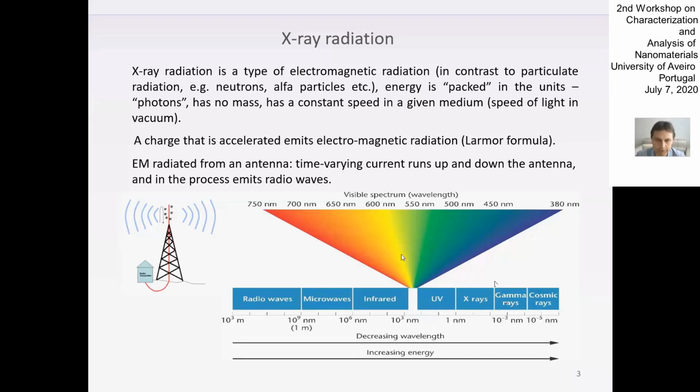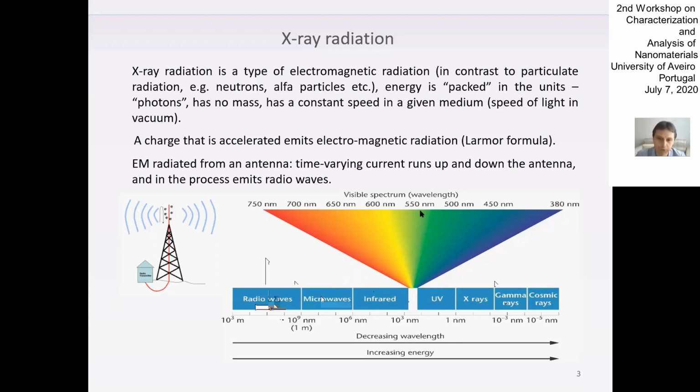Depending on the energy region, it's more convenient to describe electromagnetic radiation by different quantities. For radio waves, we usually speak about frequency, like in the megahertz region. For microwaves, we usually speak about wavelengths, in centimeters.